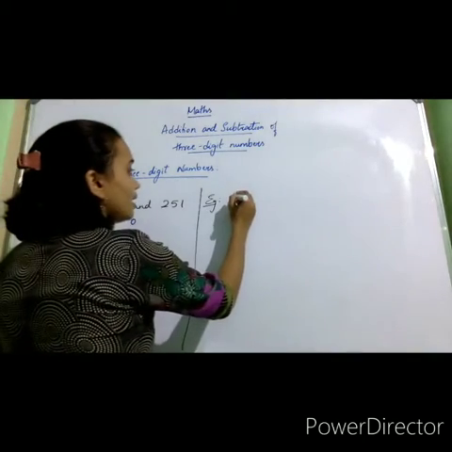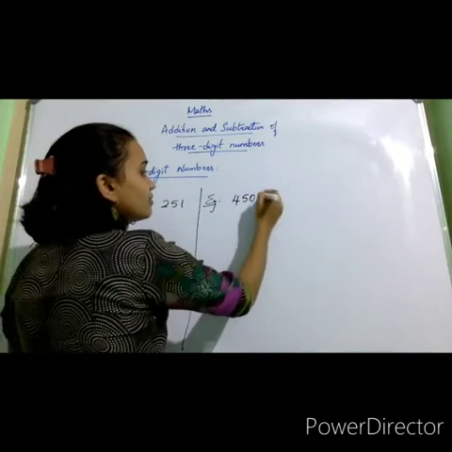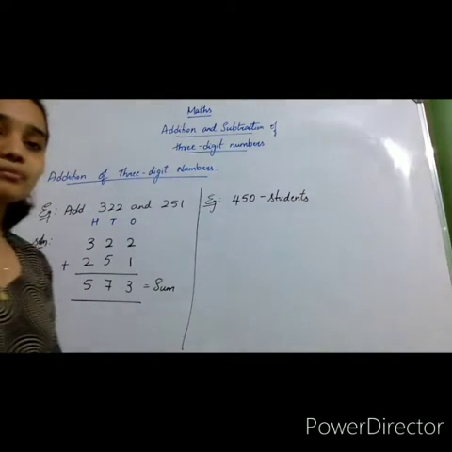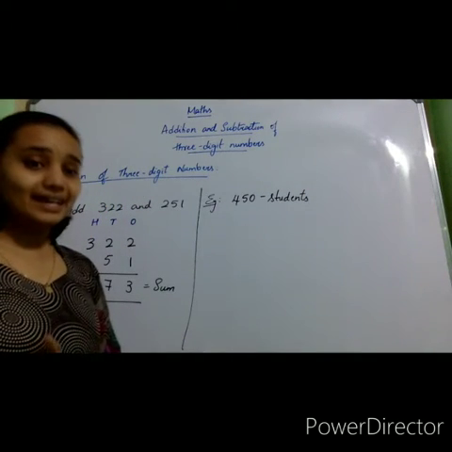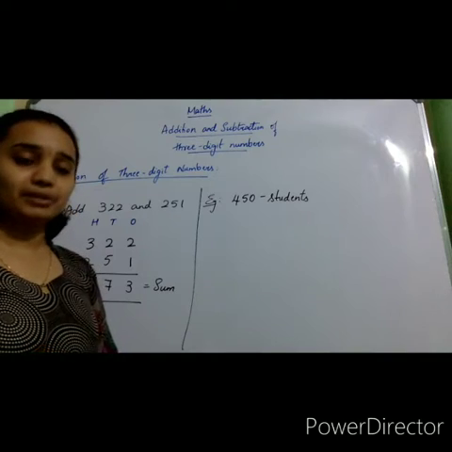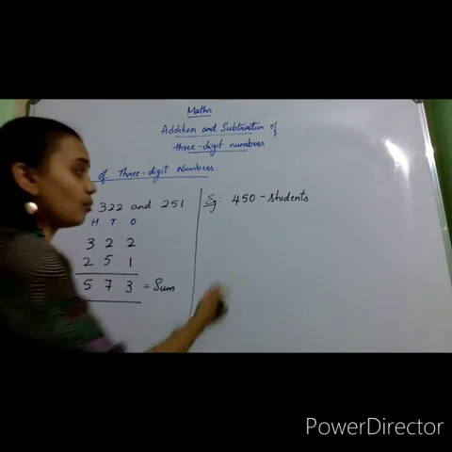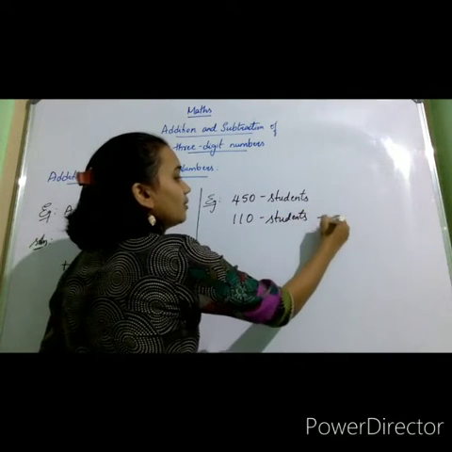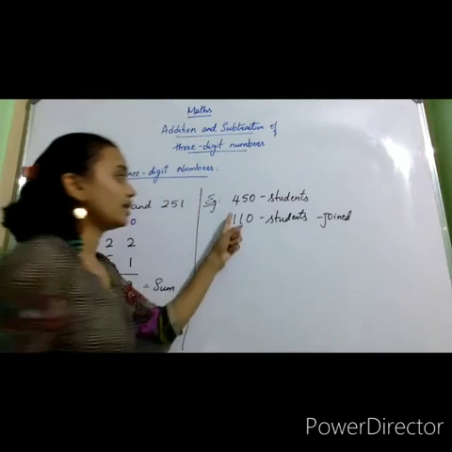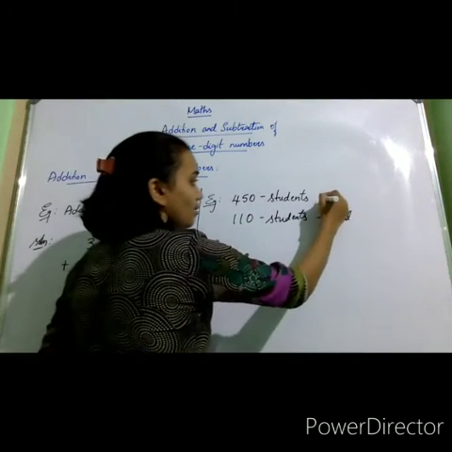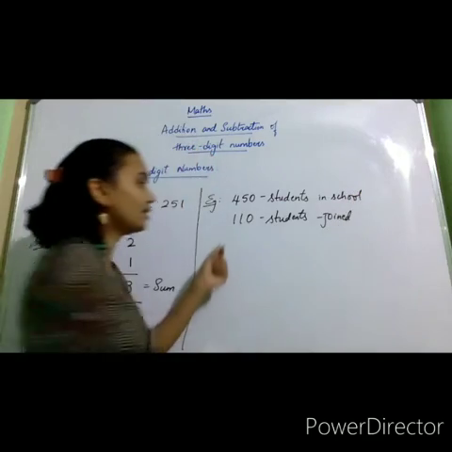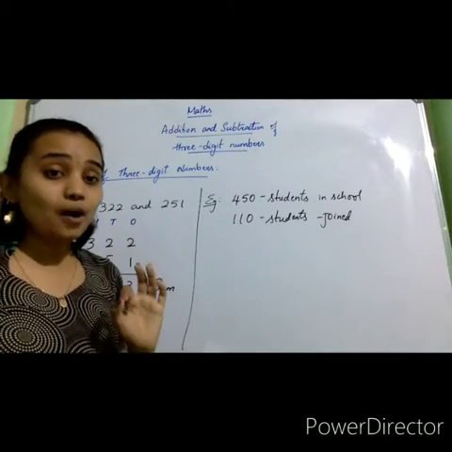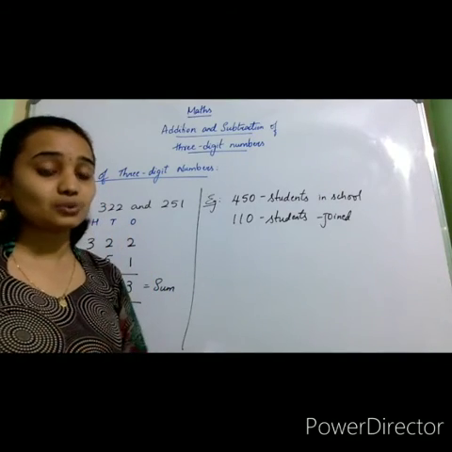Now 110 students will join. They are newly joined. There are already 450 students in school, and 110 students will join. So now, what is the total number of students in the school?